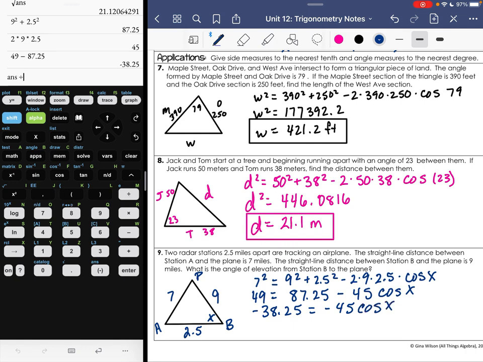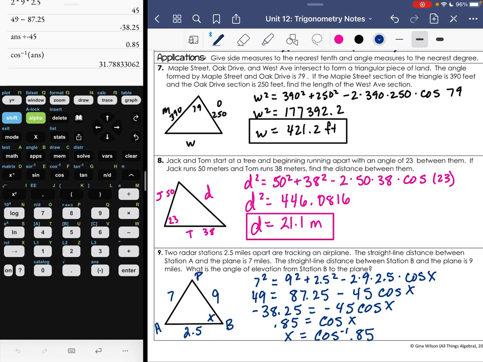So then we're going to divide by negative 45. So you get 0.85 equals the cosine of x. So x equals the inverse cosine of 0.85. Except that's not what I wrote. So we're going to do shift and do inverse cosine of the answer.